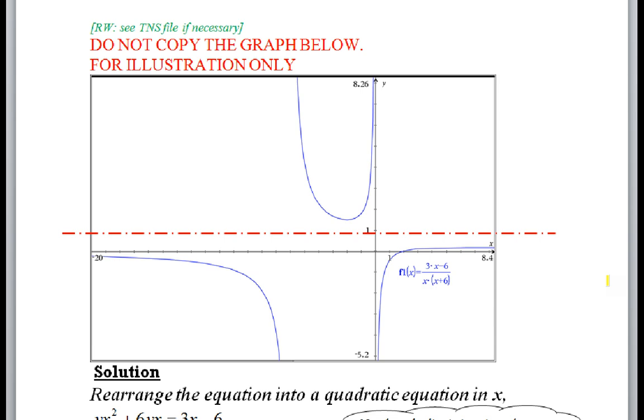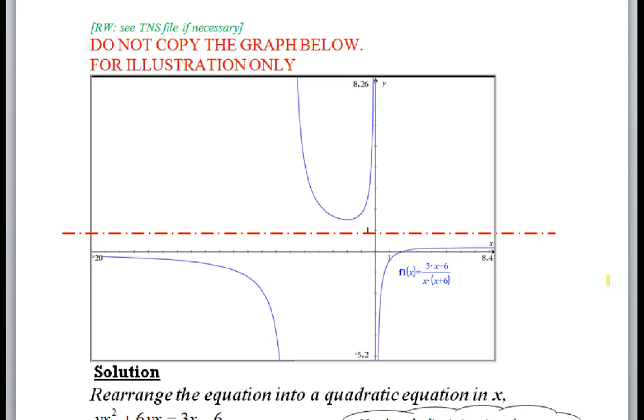You are trying to prove that y for this curve cannot take on two values, between two values to be determined. What we are saying is this. To solve this question, there's no need to sketch the graph, I said it before, but I just want to sketch it for you to understand. You look carefully. Y cannot take on this value because this horizontal line doesn't cut the curve.